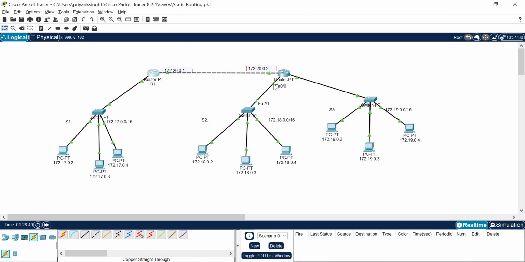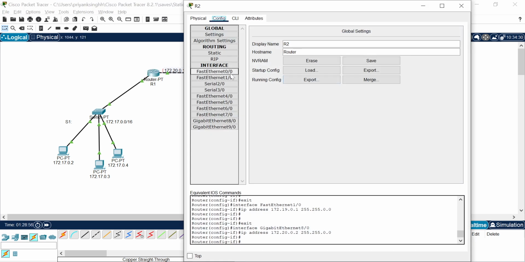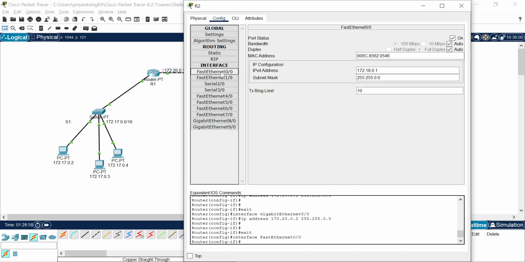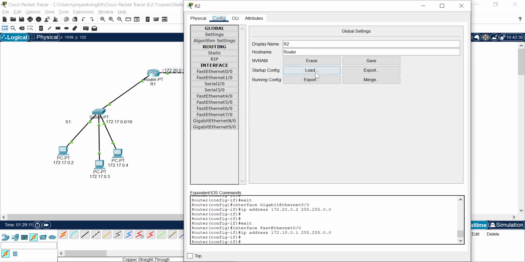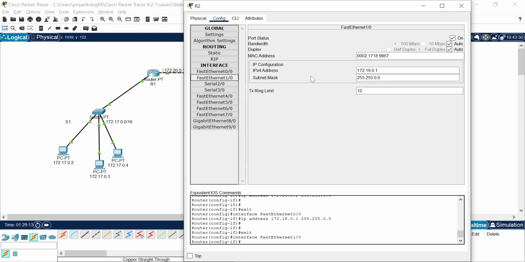I have used Fast Ethernet port 0/0 for the second network on router 2, and I have entered 172.18.0.1 over here. In a similar manner, I have to check for router 3. So I have to check Fast Ethernet port 1/0 of router 2. This is 1/0 over here, and I have given 172.19.0.1 as a gateway for the last network.